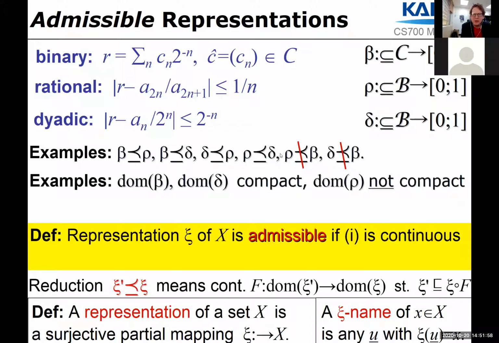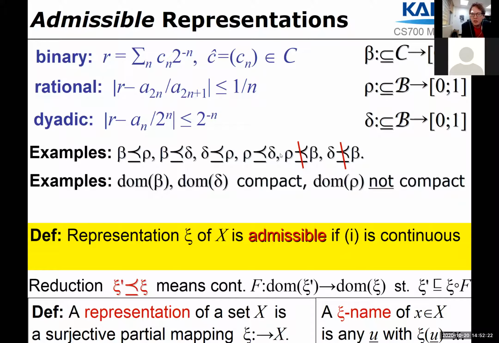They define a representation to be admissible if it satisfies two conditions. First condition, it must be continuous. That seems like a reasonable definition, remembering that every computable function must necessarily be continuous in the real case as well as in the case of the basic spaces.